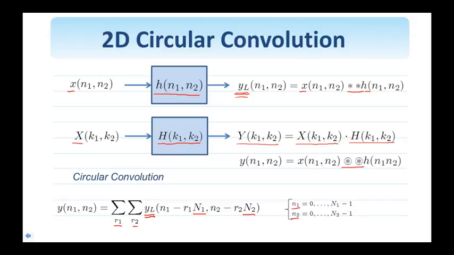So the key question that arises is under what conditions should the result of the linear and circular convolutions be the same? We will look into this in some detail next, although one might already have the answer. As long as there is no aliasing in performing this periodic extension, the result of the circular and linear convolution will be the same.